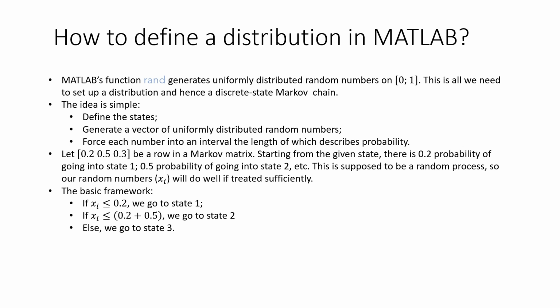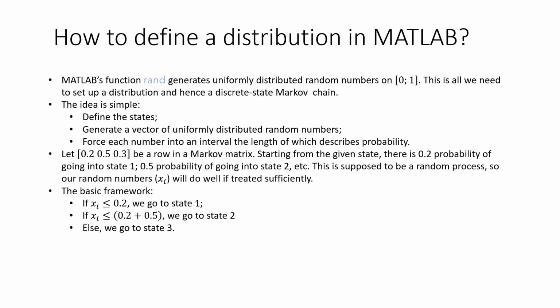So we will describe a three-state Markov chain. To this end, we need a three-state distribution vector. It can be a row in a Markov matrix. So in the first step, we will build a distribution, and in the second step we will define the Markov chain.